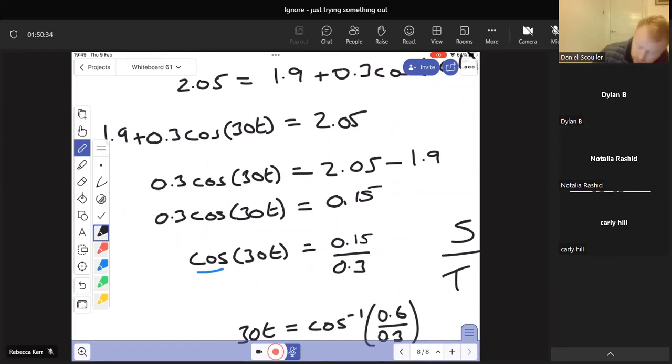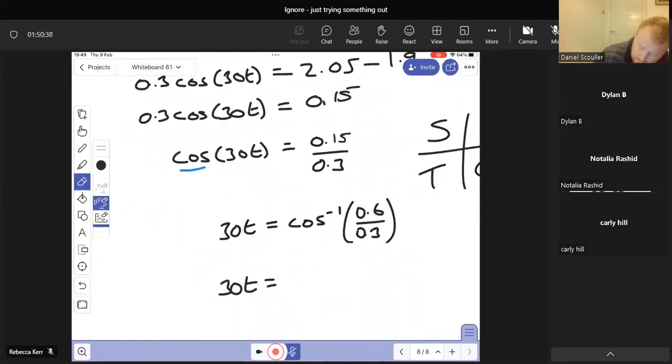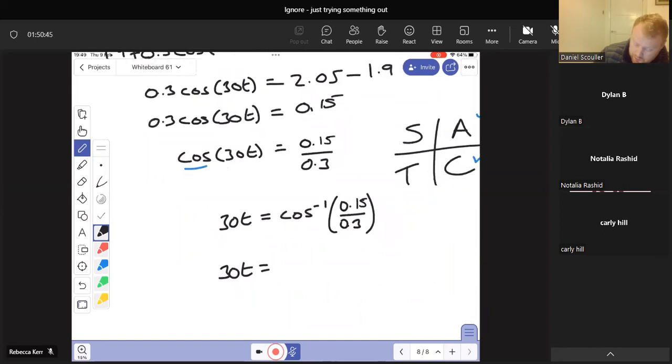That's my fault. 0.15, sorry about that. And that in the calculator: 0.15 divided by 0.3 gives me an answer, thankfully. It gives me the answer 60.